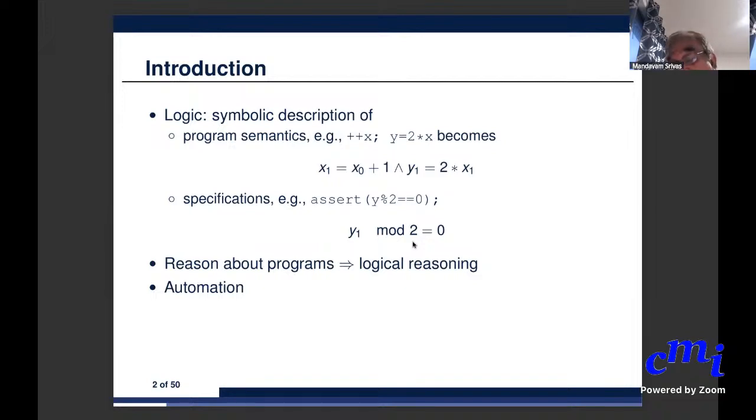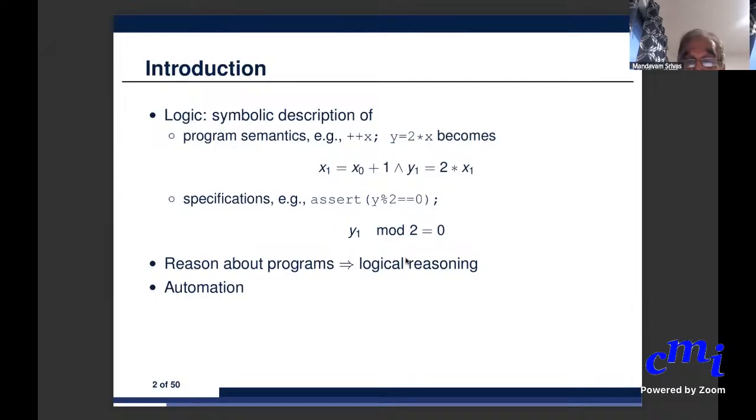If that is the behavior you want this program to satisfy, then your specification will be something like this: that the logical variable y1 should be even.